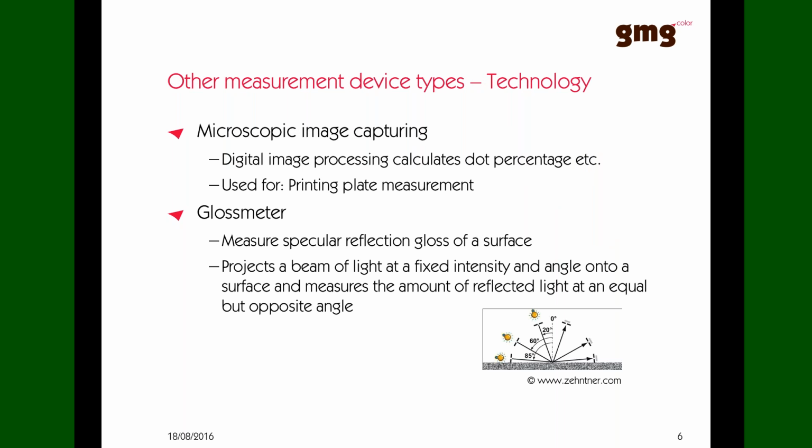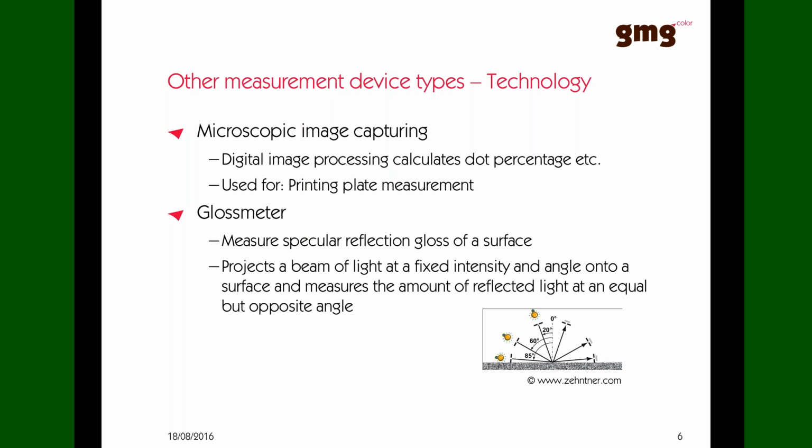I also want to talk quickly about two other measurement devices. I won't go into much detail about them, but just to make it more complete. So there's also the possibility to use a microscopic image capturing, where the measuring device captures a microscopic image, and then it calculates.